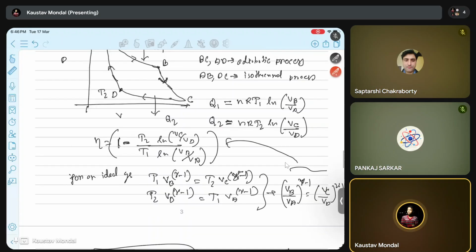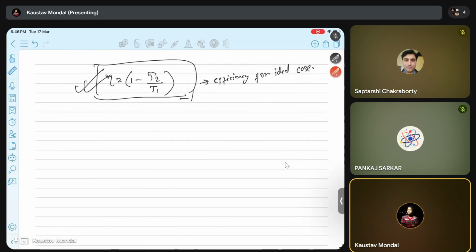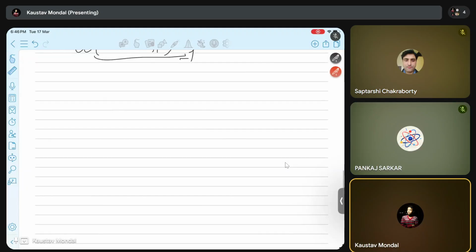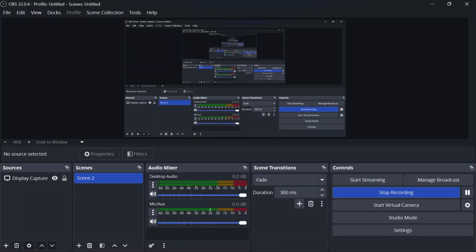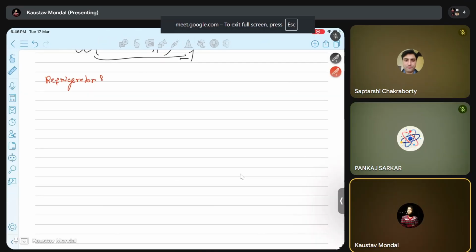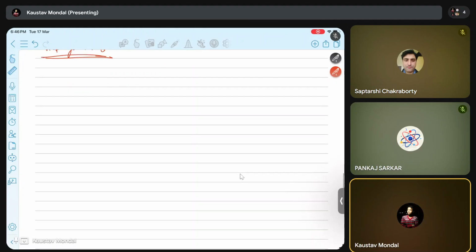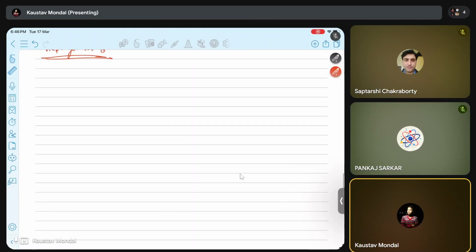So after the heat engine, there is another type of engine that is known as the refrigerator. So the refrigerator, the concept is a bit opposite here. In the case of a heat engine, the heat is flowing spontaneously from the hot reservoir to the cold reservoir.